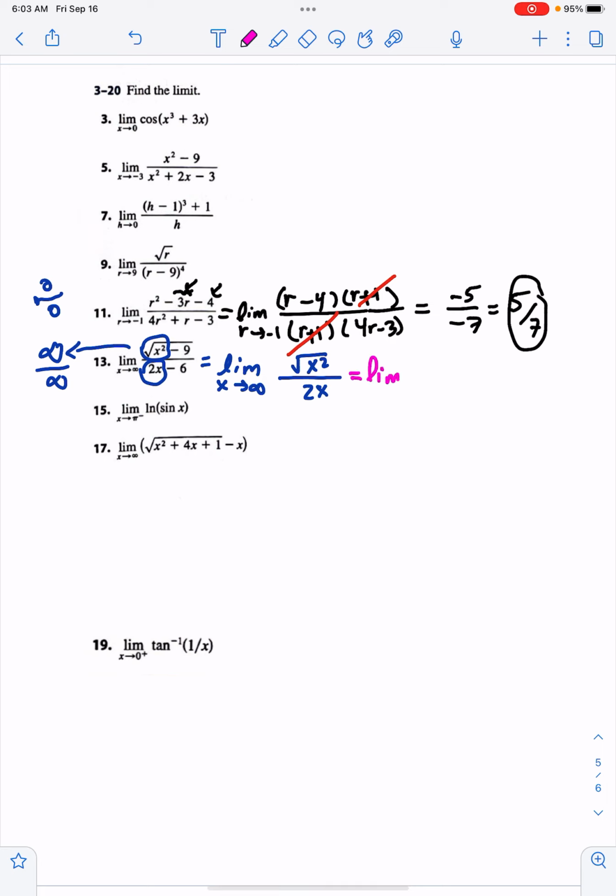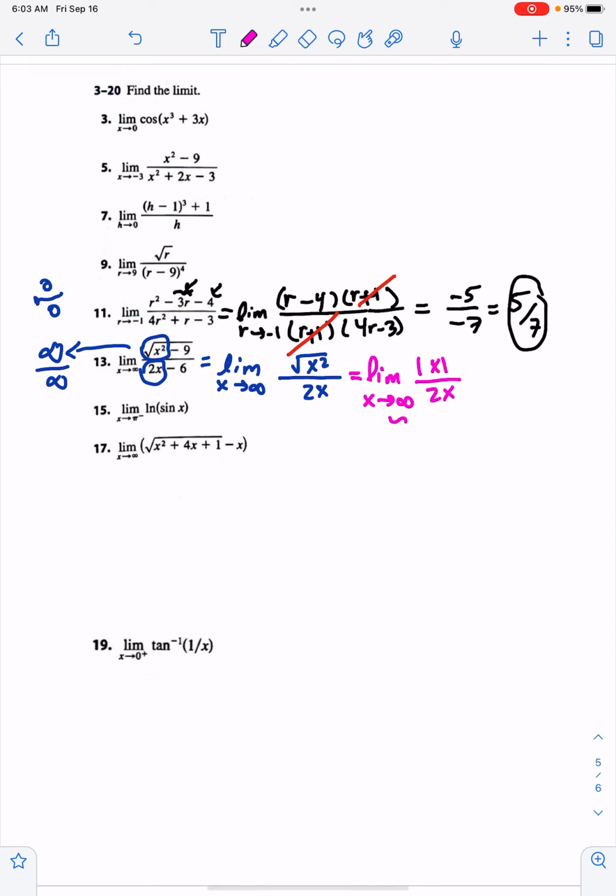So that is equal to limit as x goes to infinity, and then radical x squared comes out of the radical with absolute value. These two are equivalent, over 2x.